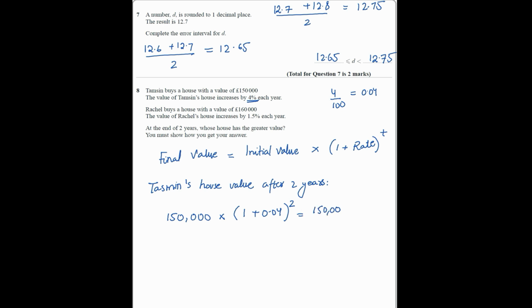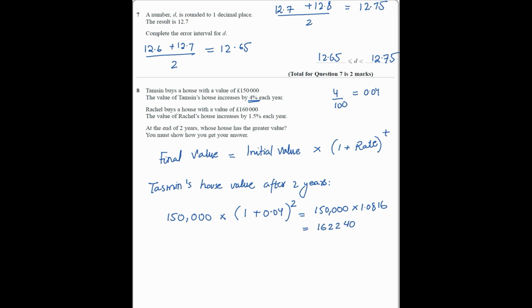That is going to be equal to 150,000 multiplied by 1.0816, which equals 162,240. Okay, moving to the next step, we have to calculate Rachel's house value after 2 years. So it has to be 160,000 times 1 plus.